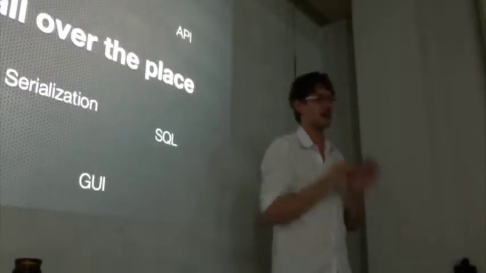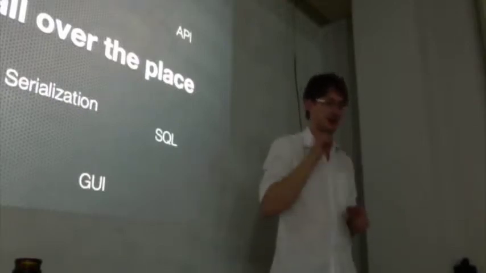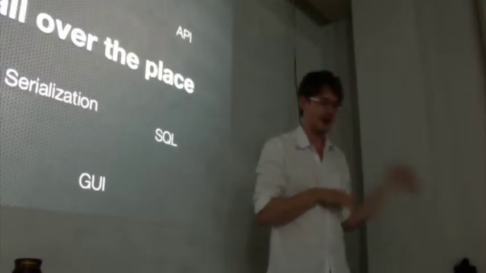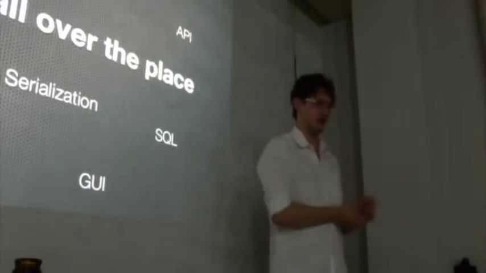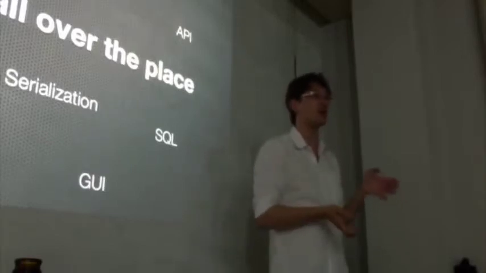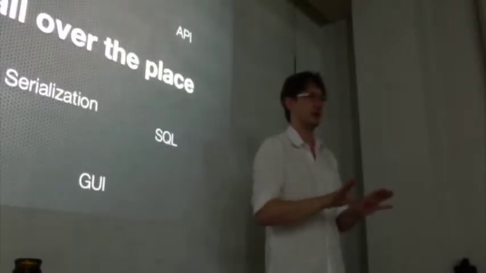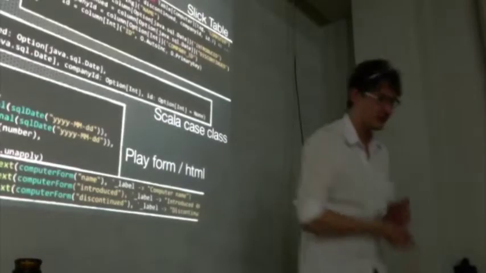There are validations, there's a data access object maybe, there's your play code, there may be a REST API, you may serialize the things, then it's database code, maybe your GUI, they all refer to the same conceptual data model, right? And it shows up in many places.